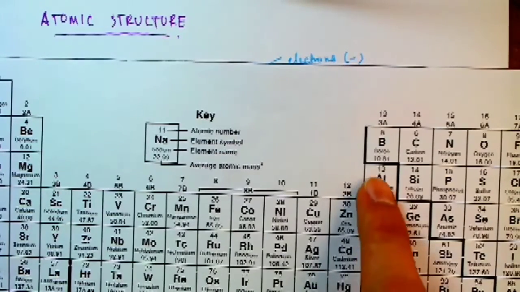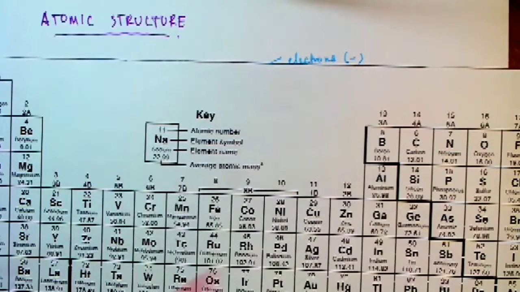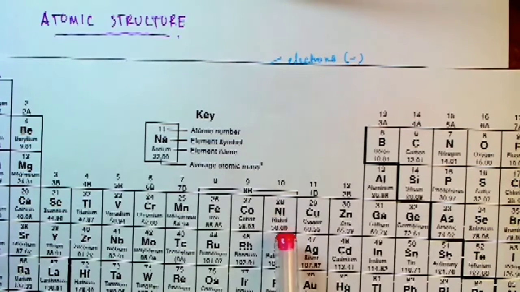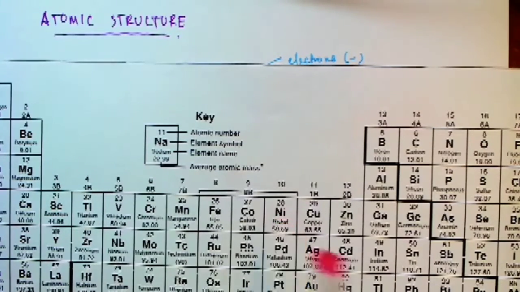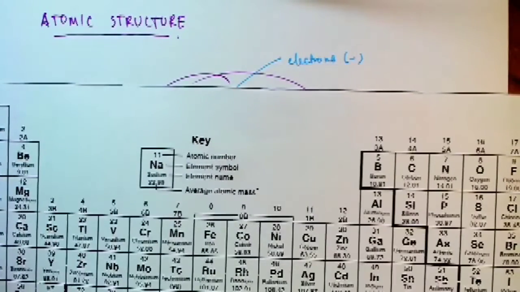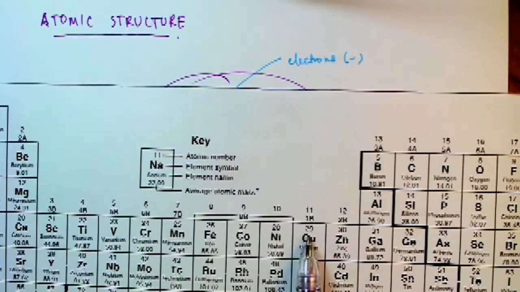For example, look here at different elements: aluminium, copper, nickel, cobalt, iron. All these have some numbers. What really are those numbers, we will see. Next, copper.